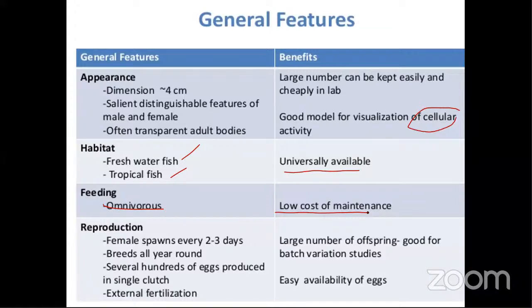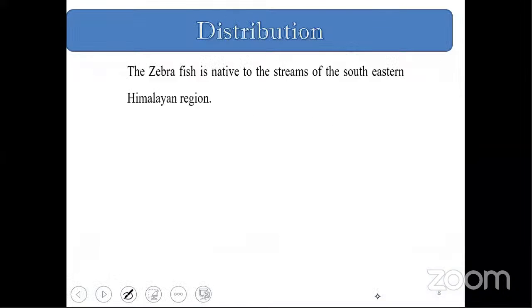So at that time we can get a larger number of samples, and easy availability of the eggs. So these are the major things I want to mention regarding the general features of this species called zebrafish.